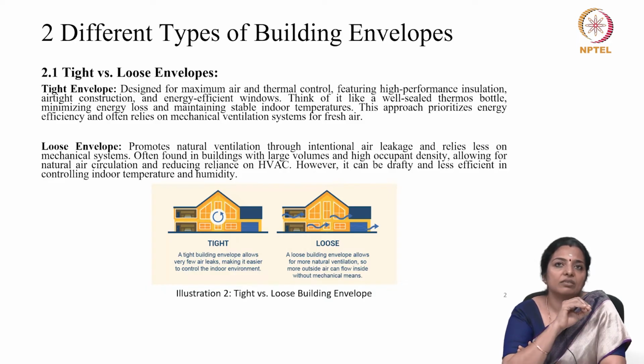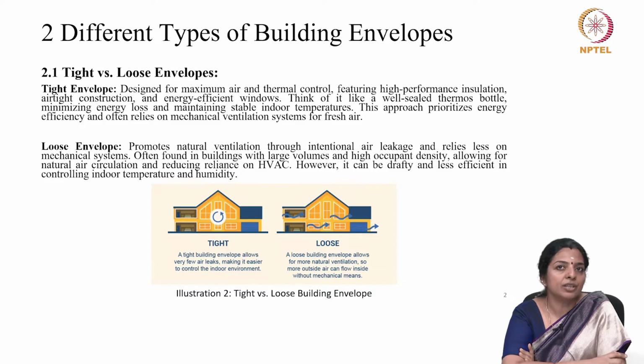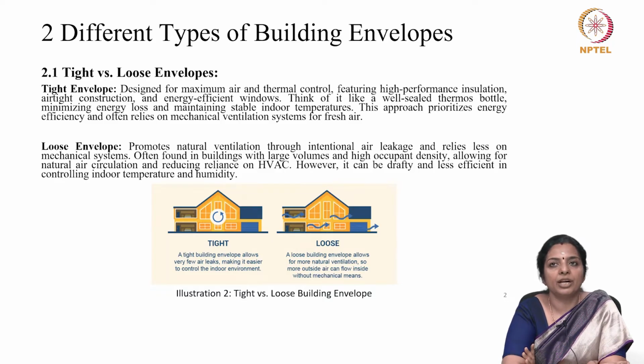It has very high performance insulation, airtight construction, and energy efficient windows. Think of it like a well sealed thermos flask, minimizing energy loss and maintaining a stable indoor temperature.